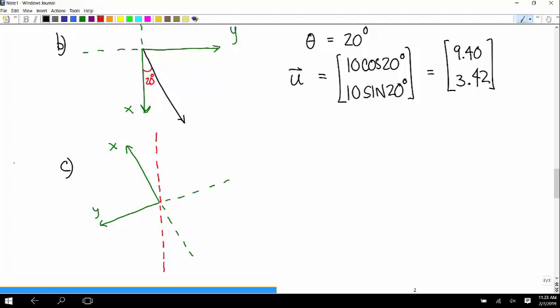We know that this angle is 20 degrees because that's how the coordinate system's given. And we know that the vector is also 20 degrees from the vertical, which means this angle is 20 degrees.